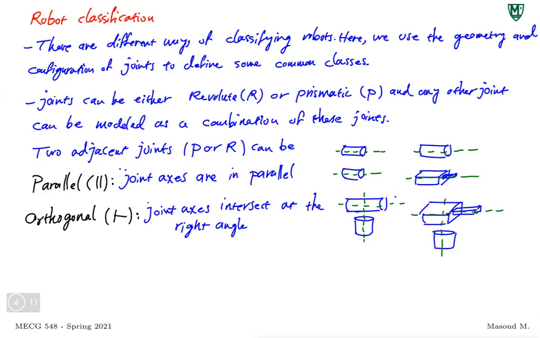Now, the last one is called perpendicular configuration. The difference between perpendicular and orthogonal is that in both cases you're going to have a 90-degree angle, but in perpendicular configuration, joint axes are at right angles with respect to a common normal, meaning that they're not intersecting.